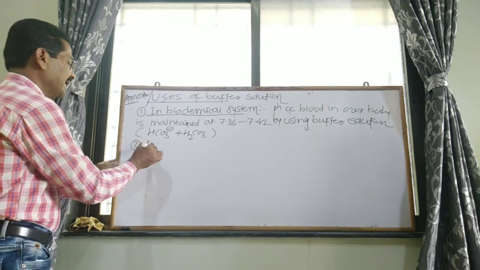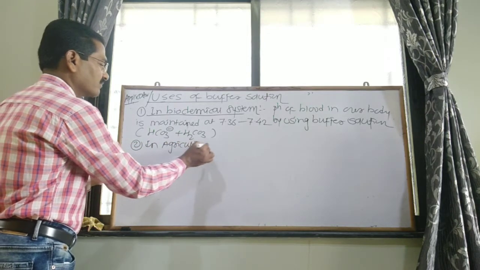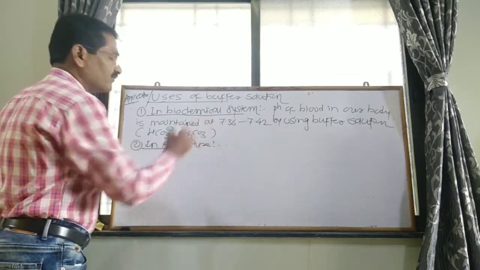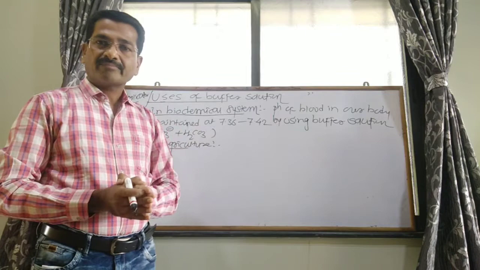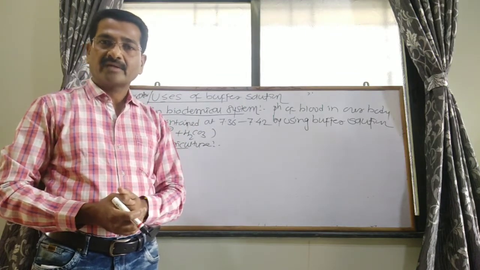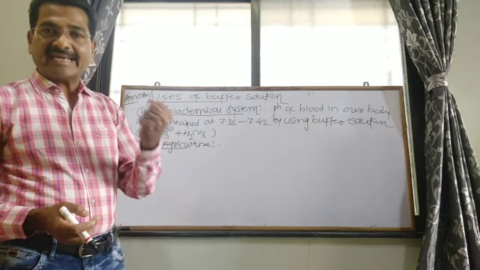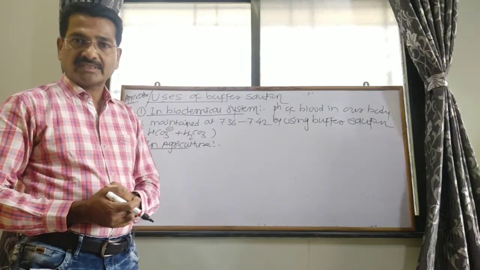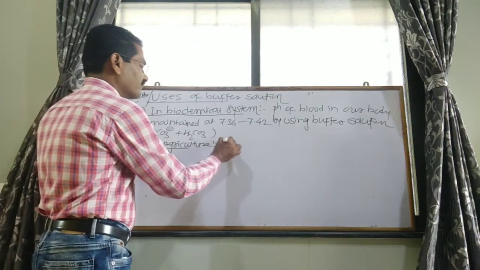Second, in agriculture. What is the use of buffer in agriculture? In agriculture, the main thing is the soil, and that soil contains some salts. Those salts get buffered. Therefore, its pH remains constant.